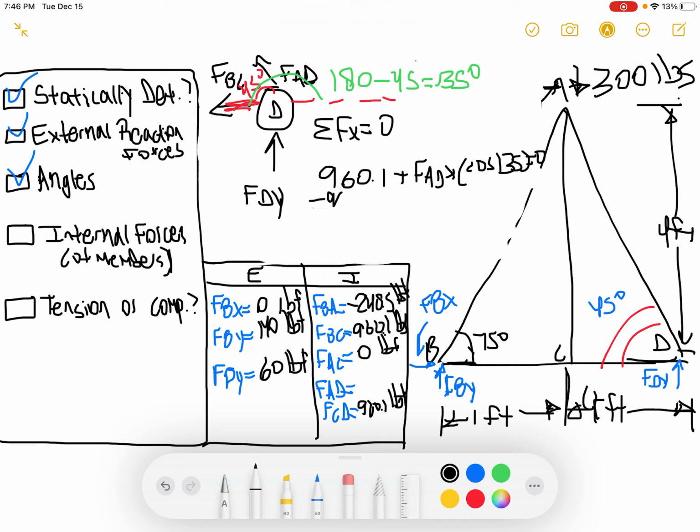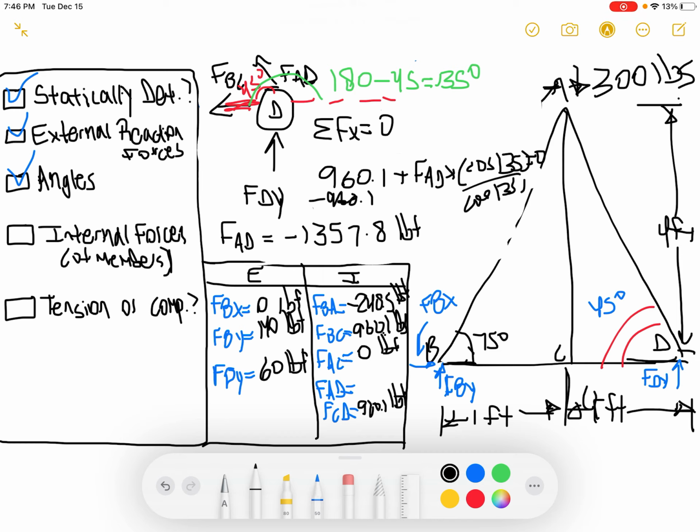We first subtract 960.1 from both sides, and then we divide by cosine of 135 after that. I'm just not doing that because of lack of space. And after we do that, we find that FAD is negative 1,357.8 pounds of force. And we're done with the internal forces.